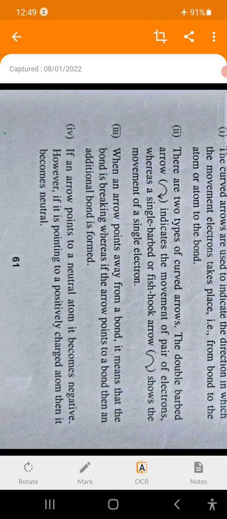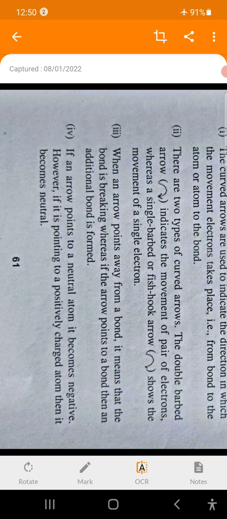If an arrow points towards a neutral atom, that indicates an electron is coming towards the neutral atom, and because of that additional electron, that atom becomes negative. While if the arrow points towards a positively charged ion, then that positively charged ion becomes neutral. Why is that ion positive?